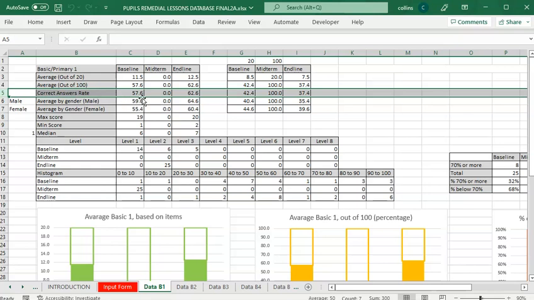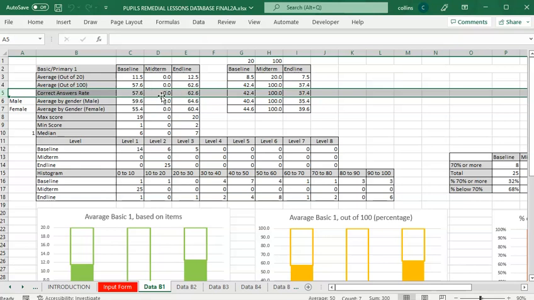So clearly, this figure indicates that the correct answer rate was 57.6% during the baseline, and 62.6% at the end line. And the variation, as you know, is about 5, right? 5% over here.